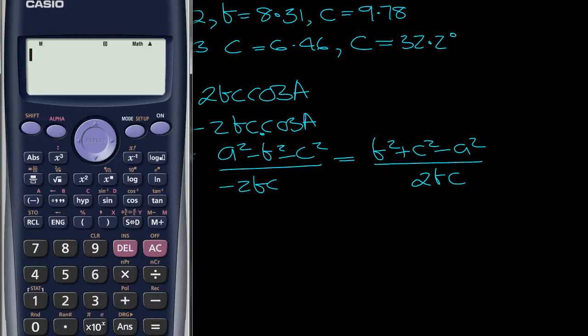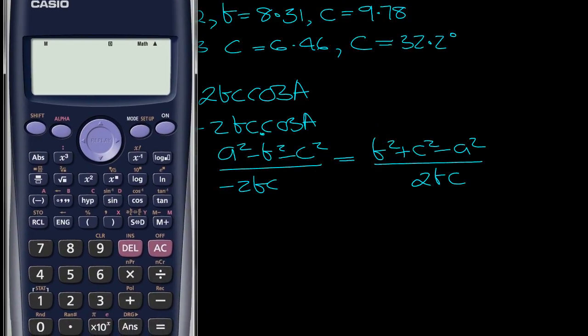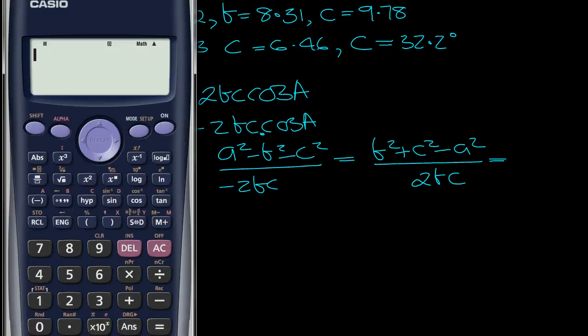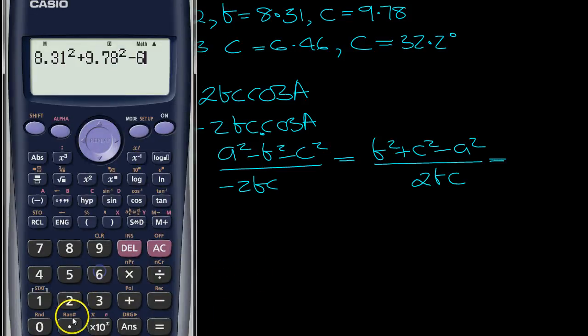So let's just tap that in the calculator then. Let's do the b squared plus c squared minus a squared first, and then we'll do a shift cos of it. So b squared, 8.31, plus c squared, 9.78 squared, minus a squared, which is 6.42 squared.